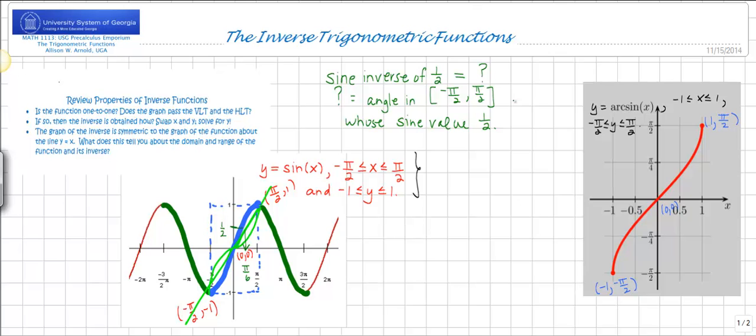Now, notation. One common notation for inverse sine is to use the word arcsine. Another one is to use the terminology sine inverse.